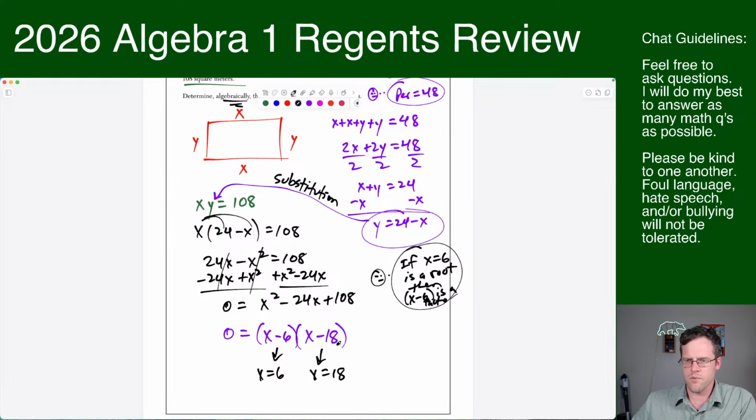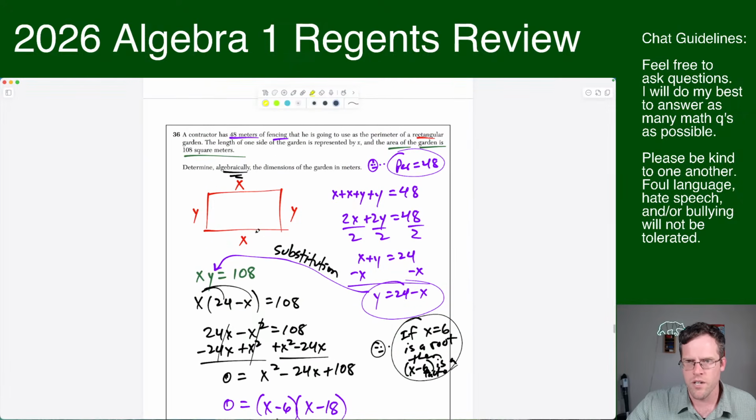If I do a little check here, if I plug in x equals 6, this would tell me y equals 24 minus 6, which is 18. And this one would give me y equals 24 minus 18, which is 6. So you see, either way, I get these two numbers from my rectangle. I get 6 and 18, or I get 18 and 6.